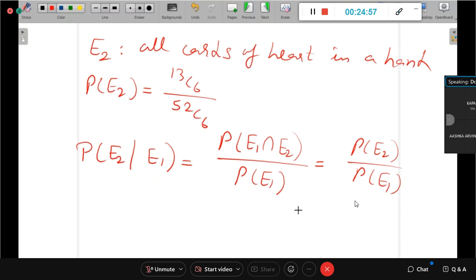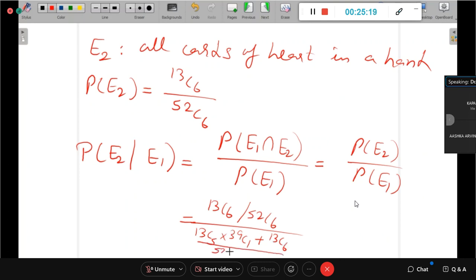You get the same intersection, E2, because E2 is a proper subset of E1. So this is 13C6 divided by 52C6, divided by 13C5 into 39C1 plus 13C6, divided by 52C6. The 52C6 will get cancelled, and now you are good enough to solve this arithmetic operation. That final answer I leave to you.